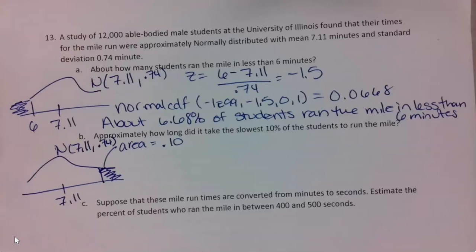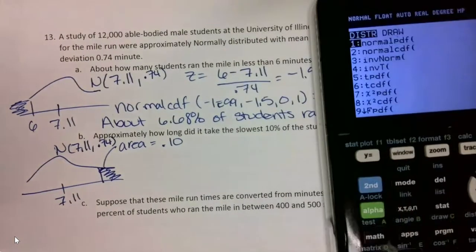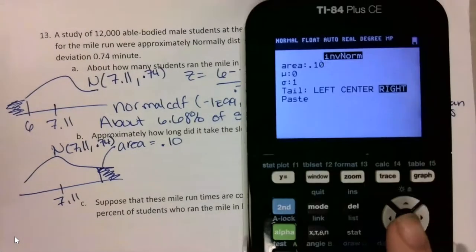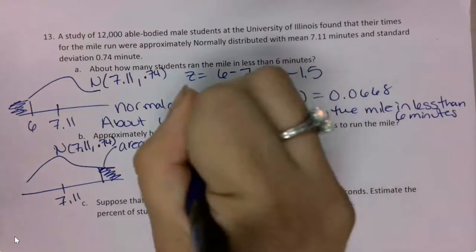I want to use inverse norm. So second vars, inverse norm. And then my area here is 0.10. I want everything to the right, so if I have that option on my calculator, use it. Which gives me 1.28. If I don't have that option, I believe I just make it negative.